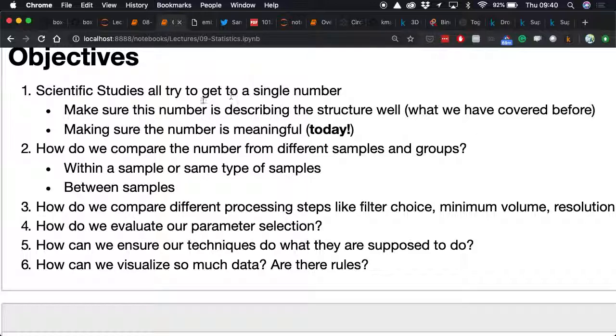And so what we've done before is make sure this number describes what we're trying to look for in the image well. So how do we quantify structures, shapes, changes with this number? And today what we're trying to do is make sure this number is meaningful.